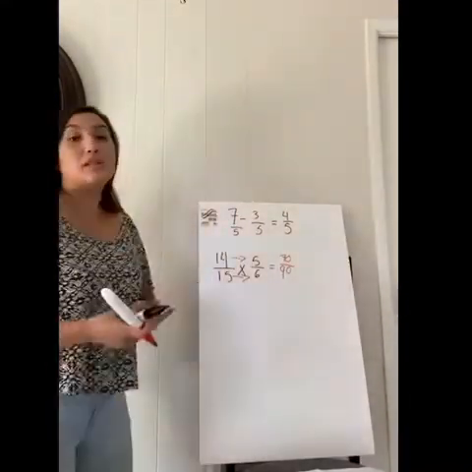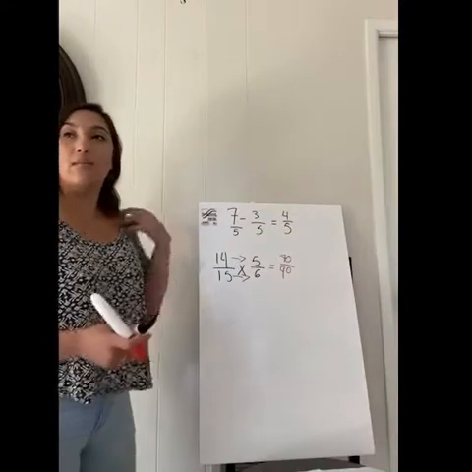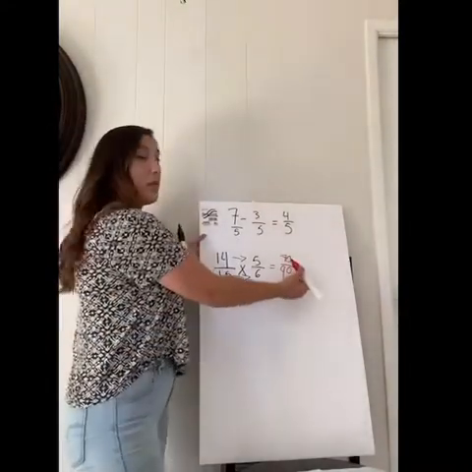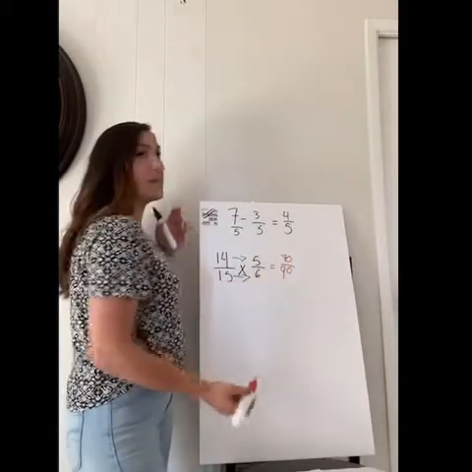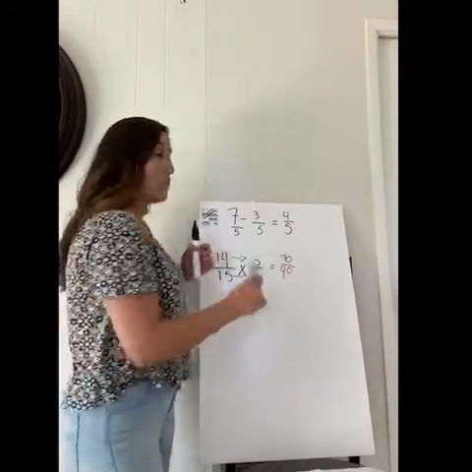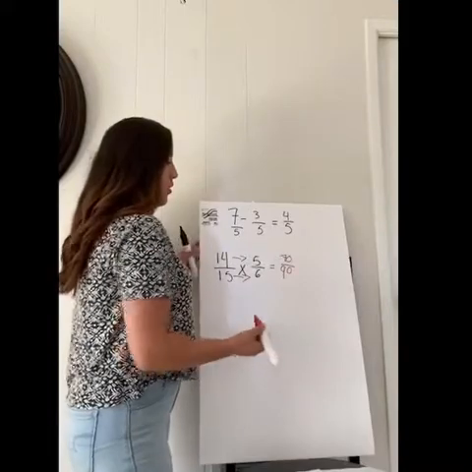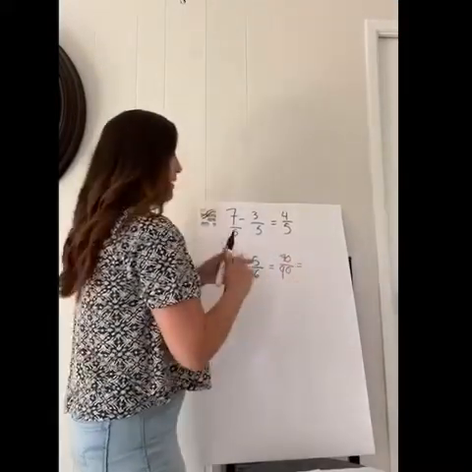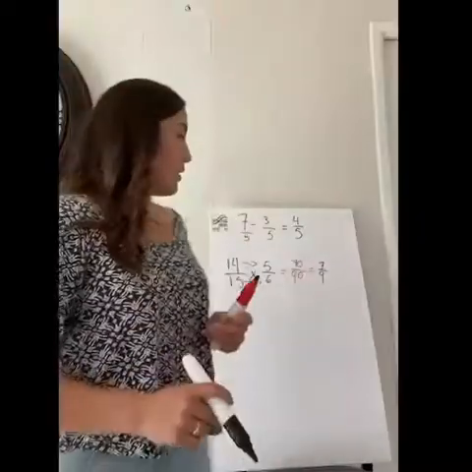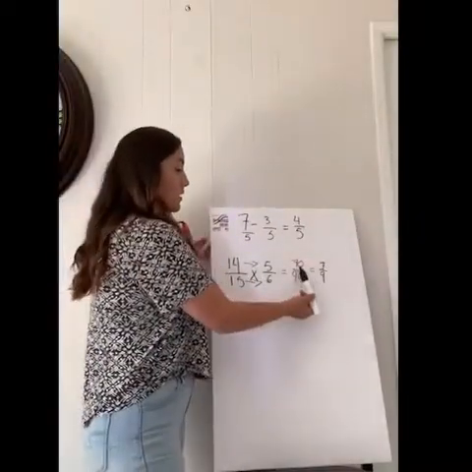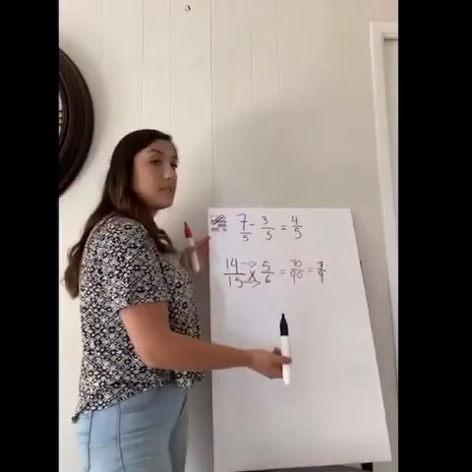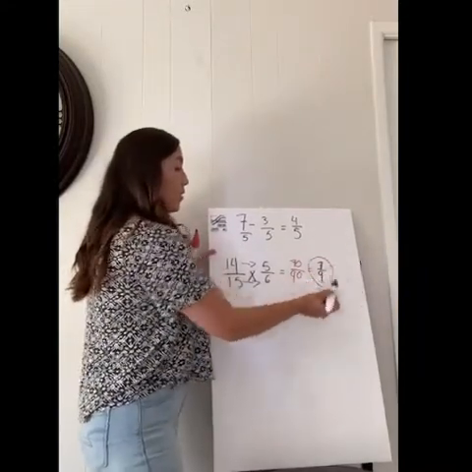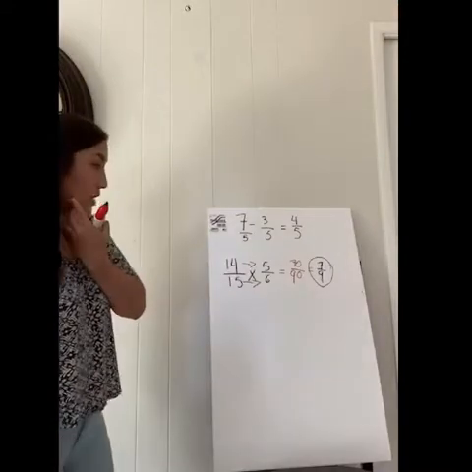So most of the time, they will ask you to simplify or reduce the fraction. So I know that 10 goes both into 70 and into 90, and it is also the biggest number that goes into both of them. So 10 goes into 70 7 times, and 10 goes into 90 9 times, and that would be your most reduced fraction that you can do.